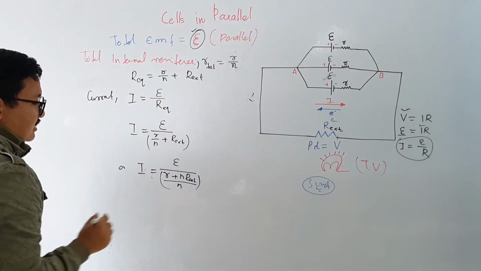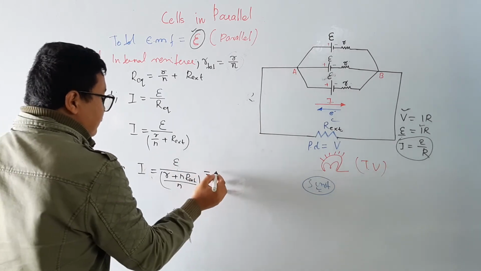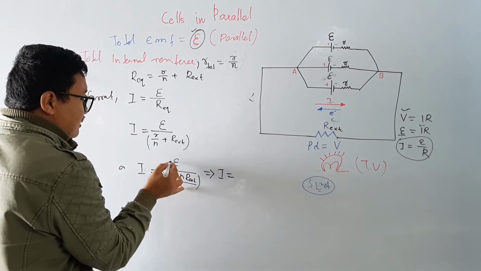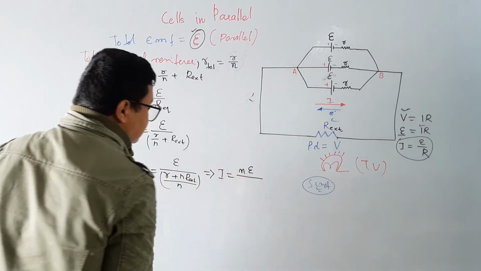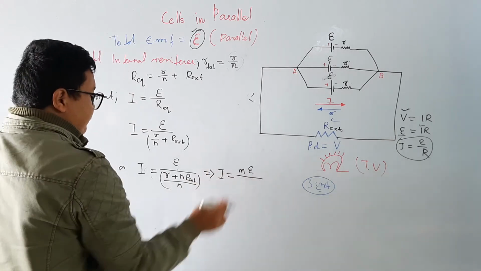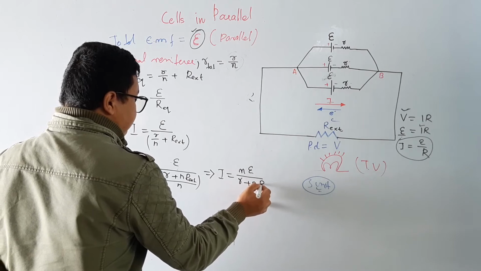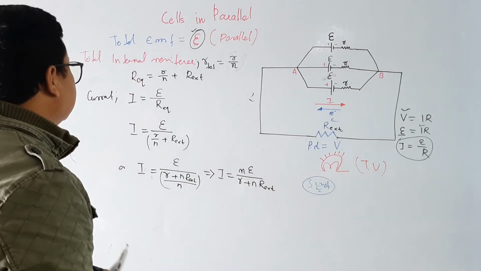Taking the LCM, then this will become how much? This n will go here, then I is equal to n epsilon, that is nE, divided by r plus n into R EXT. So we got the equation of current.